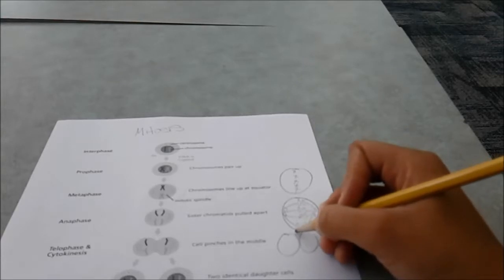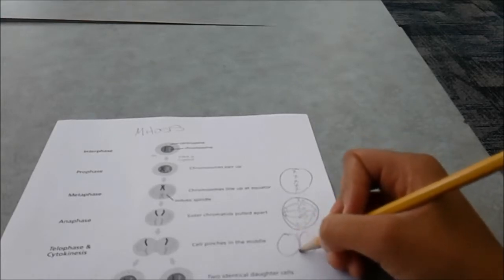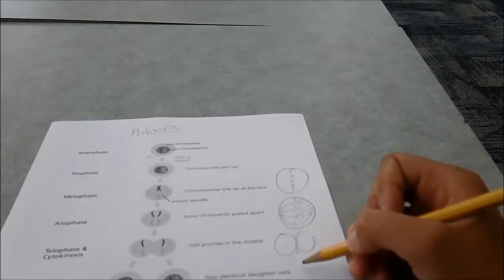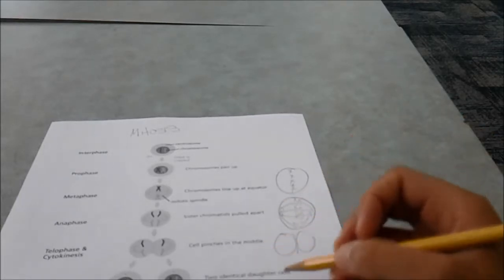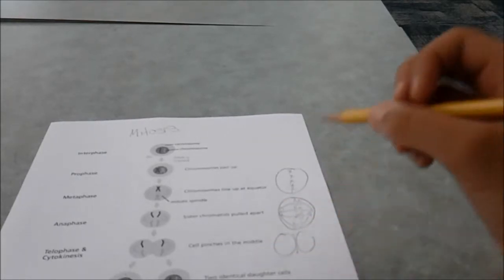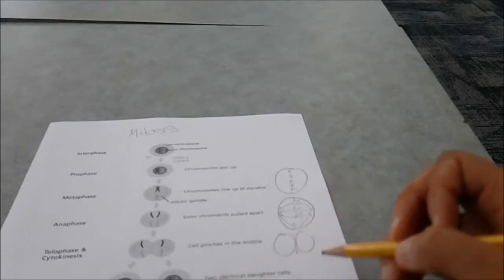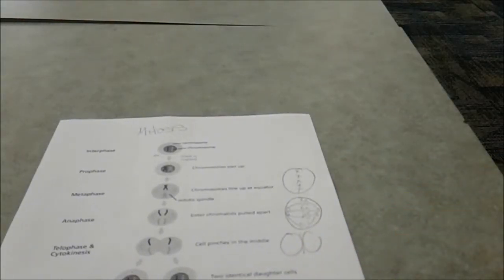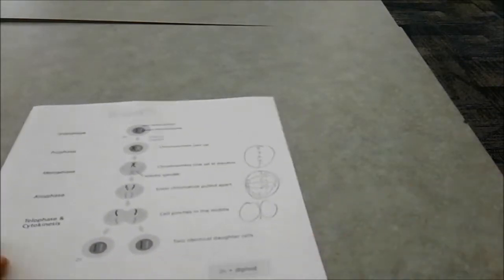But now there begins to be a pinch in the middle, where they're starting to split into their two separate cells. And this pinching is called cytokinesis. At the end of mitosis, the product is two identical daughter cells that have identical genome properties.